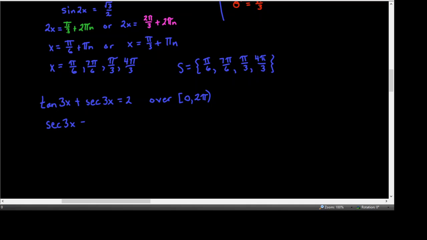I don't know what I did last time anymore, but this is going to be my choice. Actually, I think I made it secant last time too. Oh well. Doesn't really matter. Just pick one. So once you've gotten one of the trig functions by itself, square both sides of the equation. And what special note should I make to myself about this process of squaring both sides?